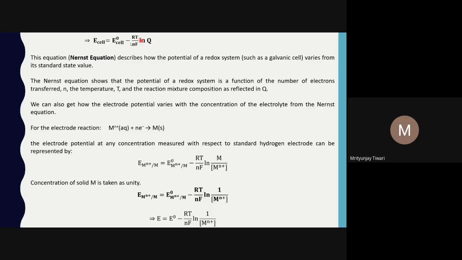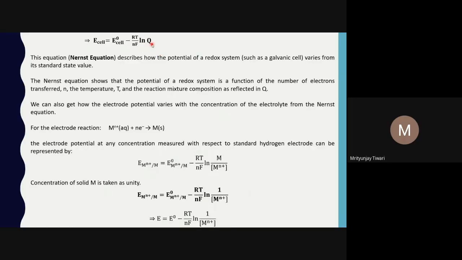So E cell that we get is E° cell minus RT by 2F ln of Zn2+ by Cu2+ concentration. And this is again the Nernst equation, the same equation that we have derived here for the Daniell cell.